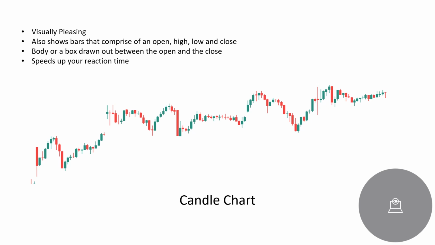We have already discussed this, but I want to say it again, just so you have a solid understanding of the concept. If the close is below the open, then the body and the wick will be red in color, and it will be green if the close of the candle is above the initial open.